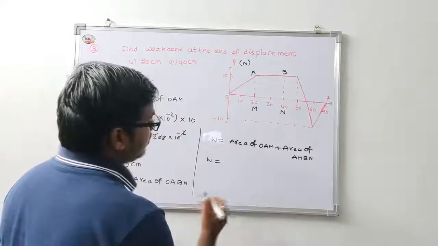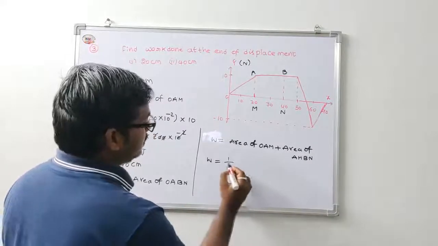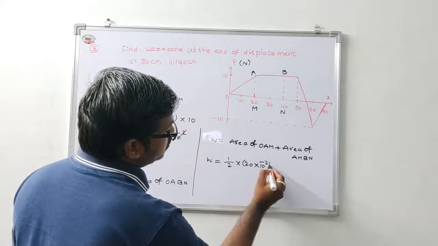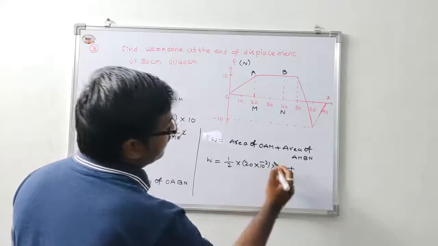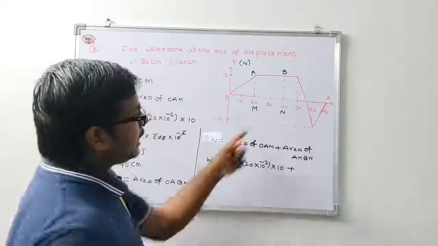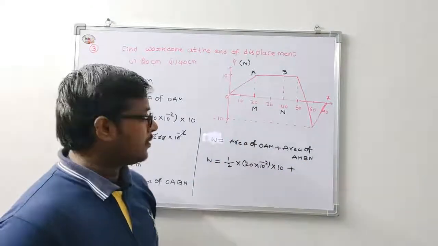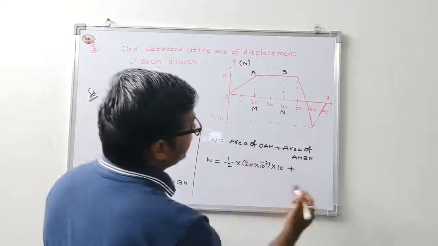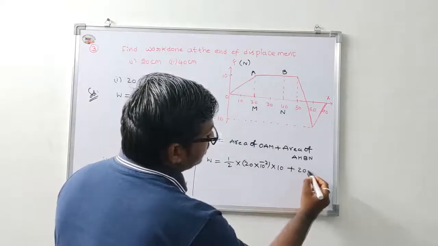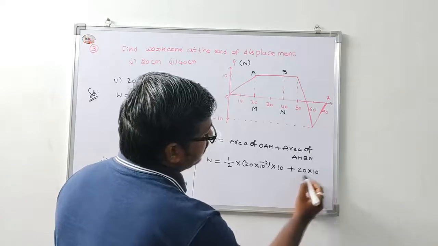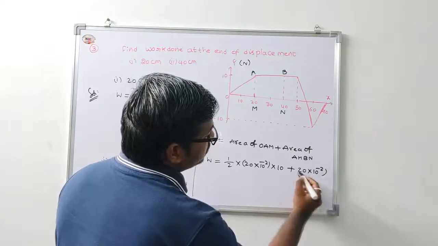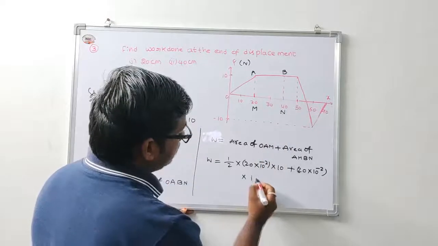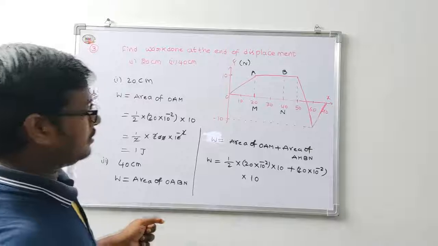So W, the work done, is equal to half into 20 into 10 power minus 2 into 10, plus the area of the rectangle, length into breadth: 20 into 10 power minus 2 into 10.